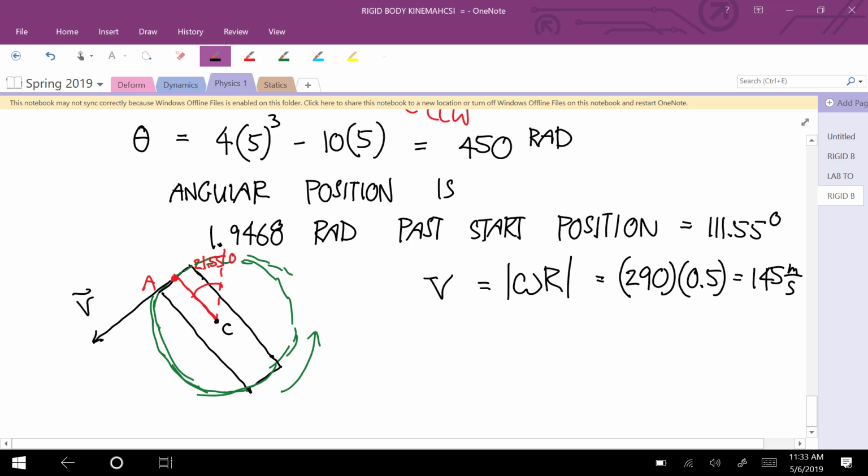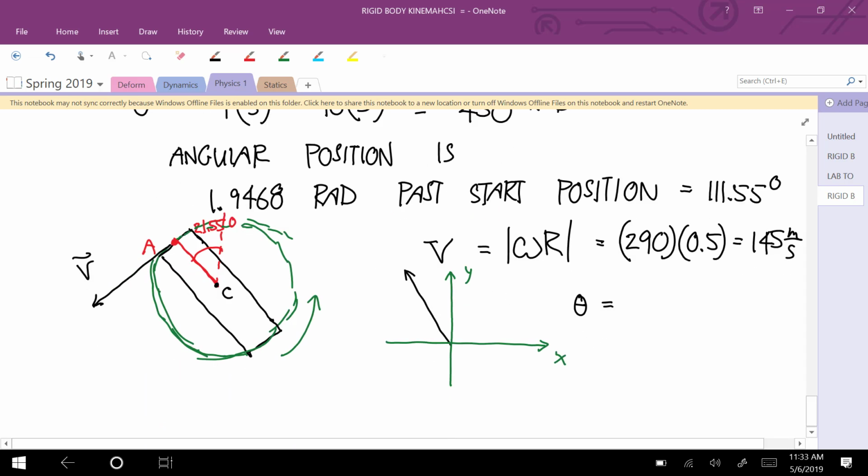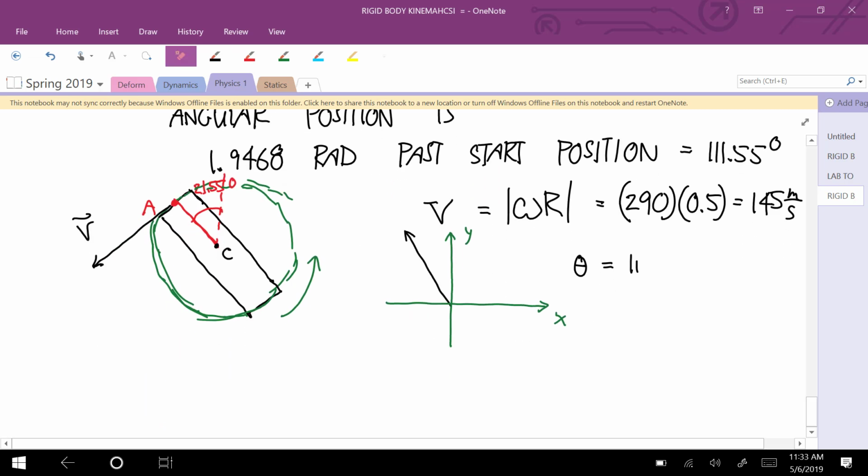And now we have to figure out how to represent this direction. Well, if this is the coordinate system, then a vector in this position, in this orientation, is at an angle of what we just found, 111.55 positive.